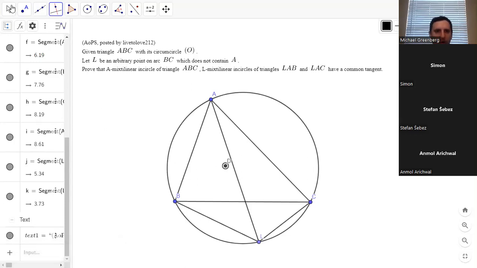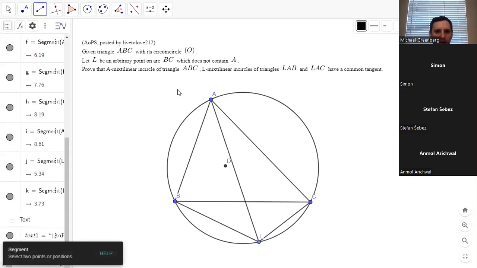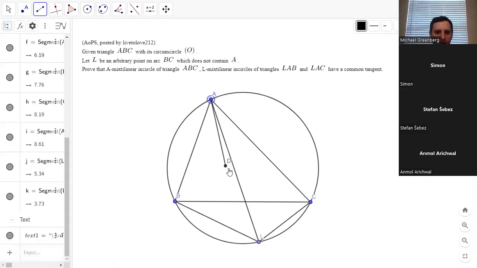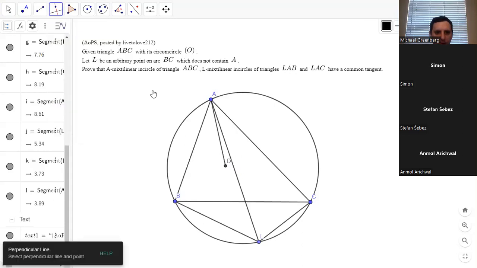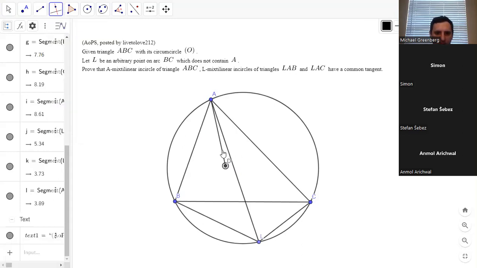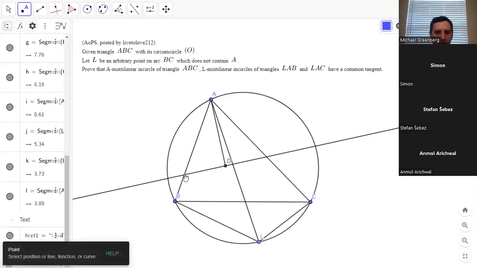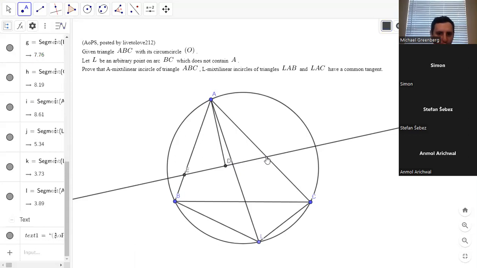So I'd want to draw the perpendicular to AB, let it intersect the sides, and then draw the perpendiculars at those points. I wonder if there's a faster way to do this. Well, I guess I could draw the ray AD.